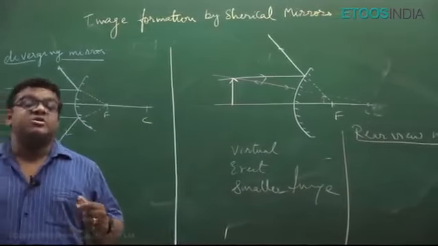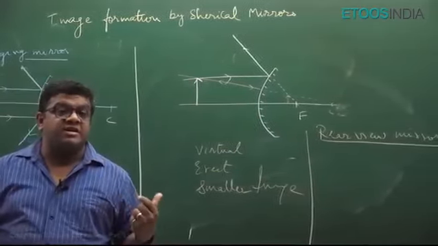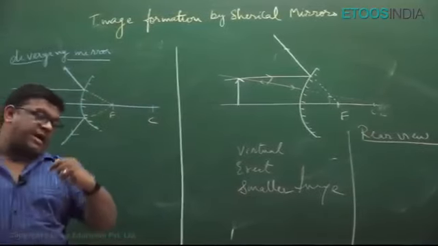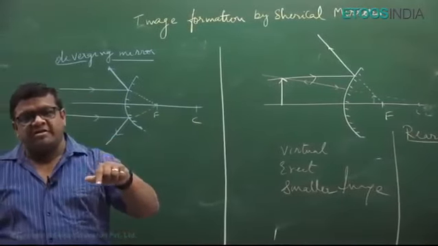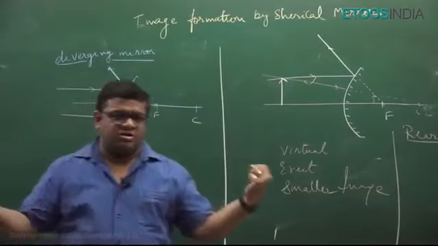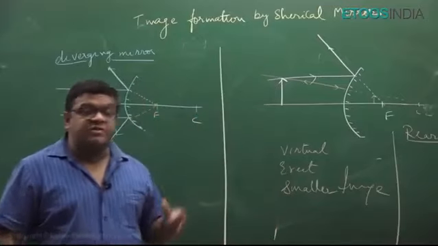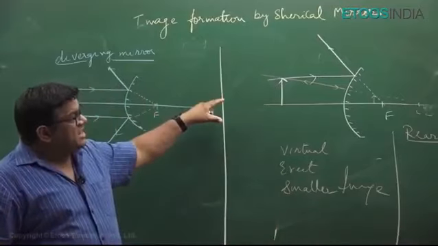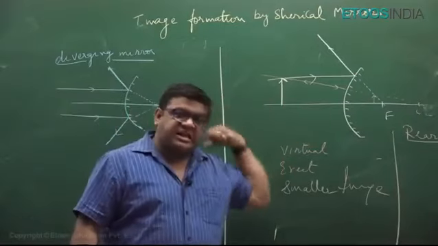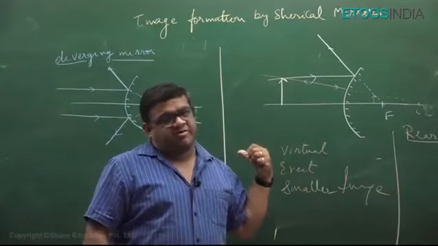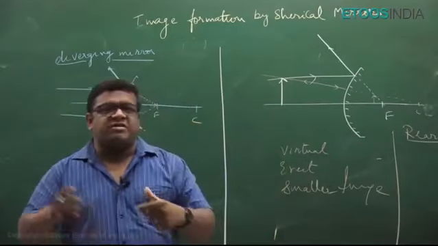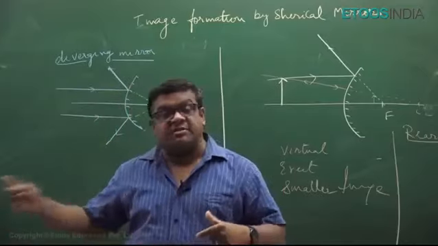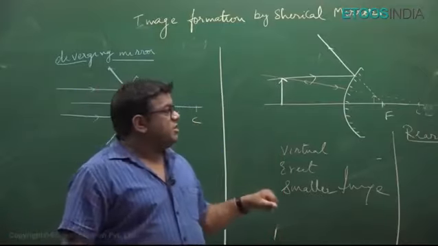Rear view mirrors are used in vehicles to see backside traffic. When you're moving ahead, you must have seen the rear view mirrors on either side of driver. So why do we need them? They basically provide the view from the back side of the traffic, so that whenever we need to take a turn we can look first whether someone is coming or not. So that's why we use it.